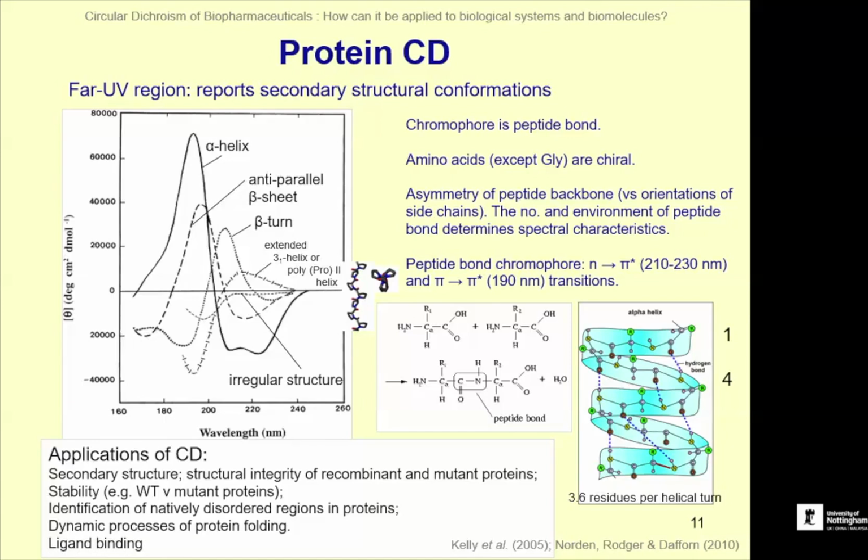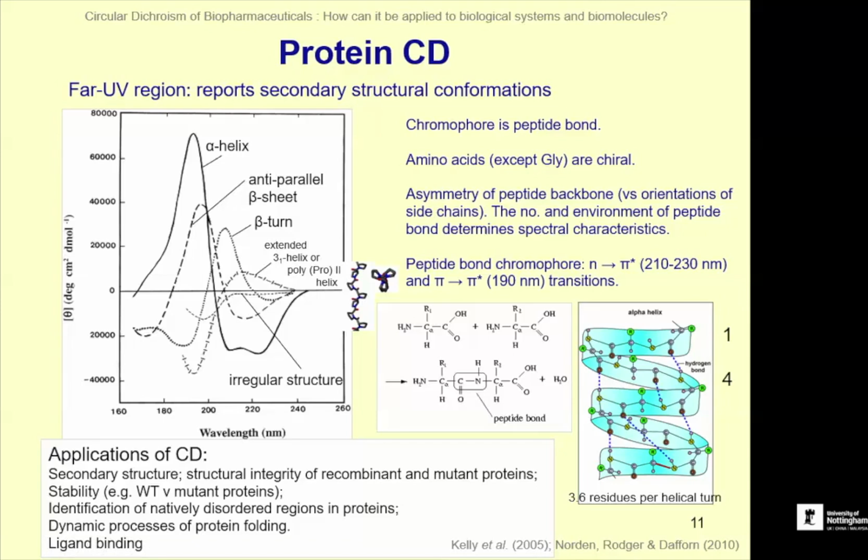For example, alpha helices are shown here on the right, which depend on 3.6 residues per helical turn. That's characteristic, and it comes from the hydrogen bonding arrangement.